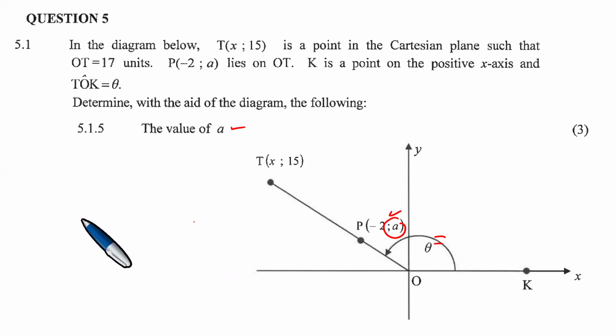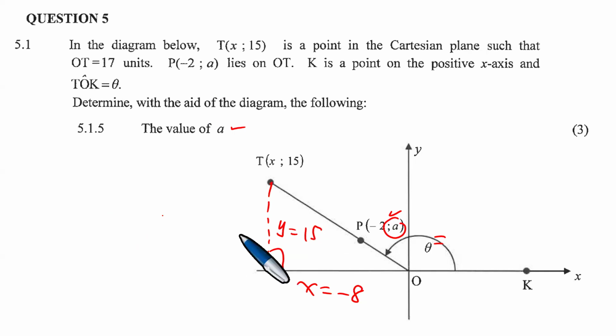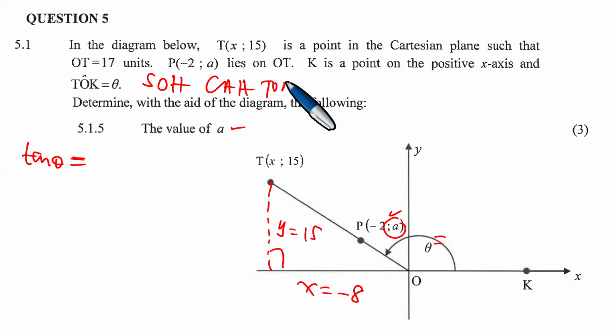So we use the trig ratios that we know, but most importantly, we know that our x is -8 and our y is 15. So the tangent of theta: we use SOHCAHTOA, and we know very well that the tangent is opposite over adjacent, which is 15 out of -8.